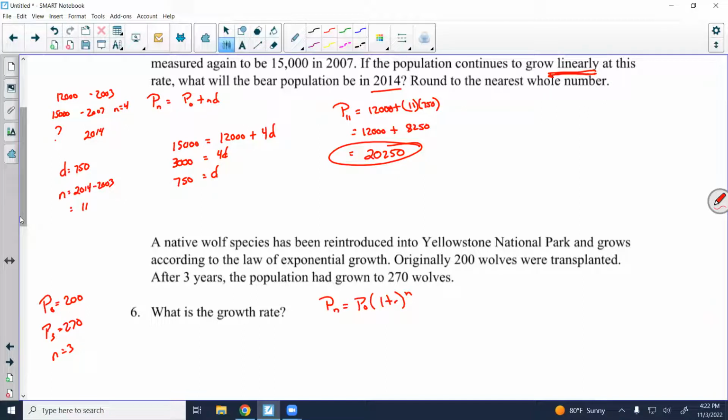So we're looking for the growth rate, which is R. So plug in the values we have. 270 equals 200 times 1 plus R to the third. Divide both sides by 200. And 1.35 equals 1 plus R to the third.